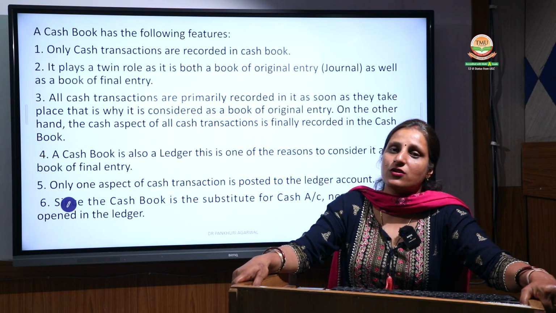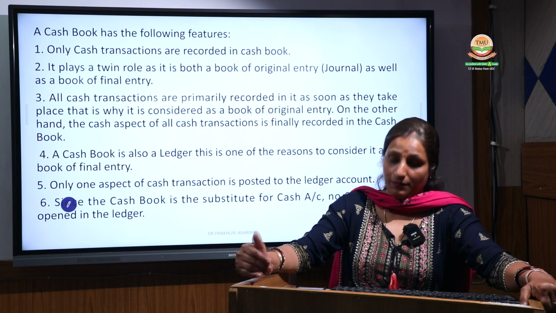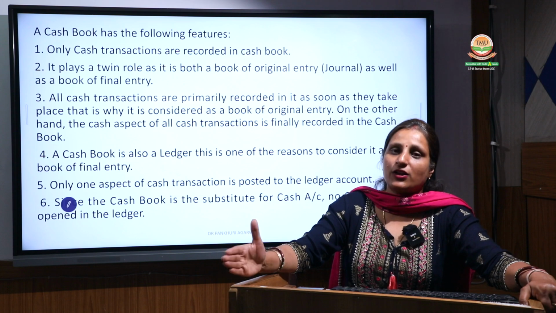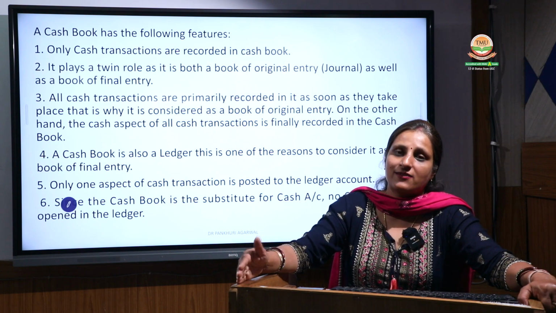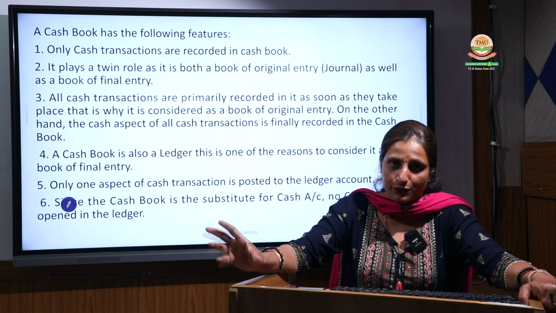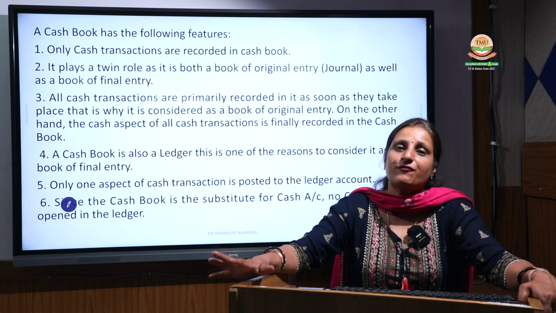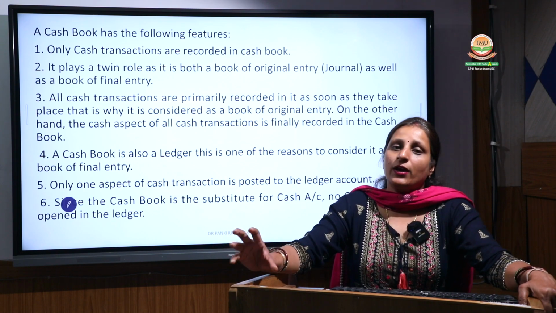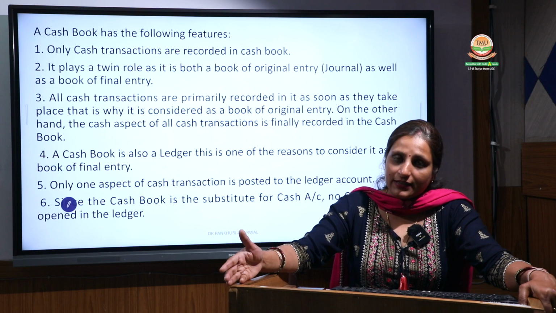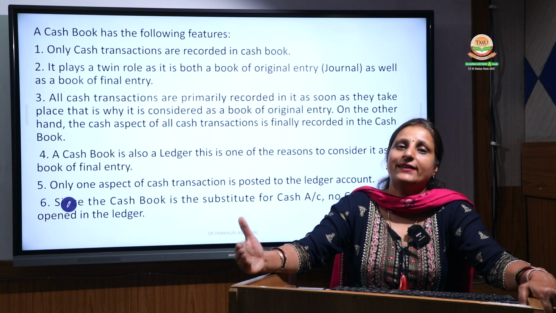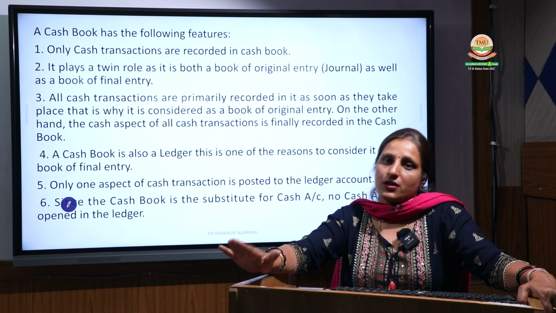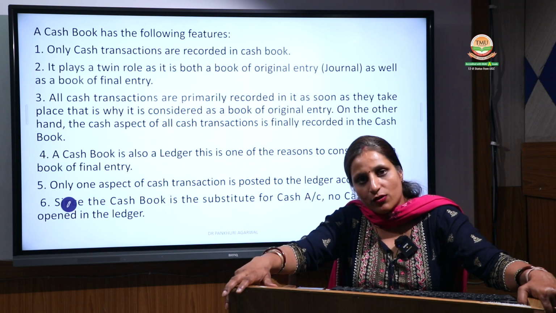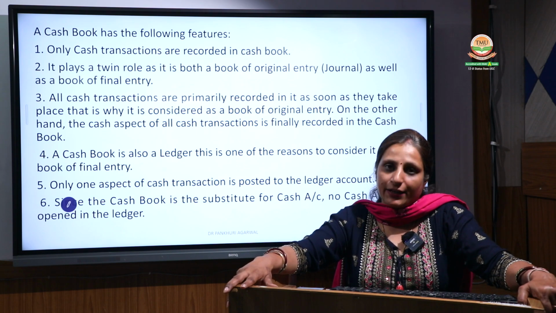It makes it easy for companies to post the accounting entries related to cash in a separate book of accounts, so that it becomes easy to audit or to identify all the transactions of cash at one place. So it works as the original entry also and as the final entry also.